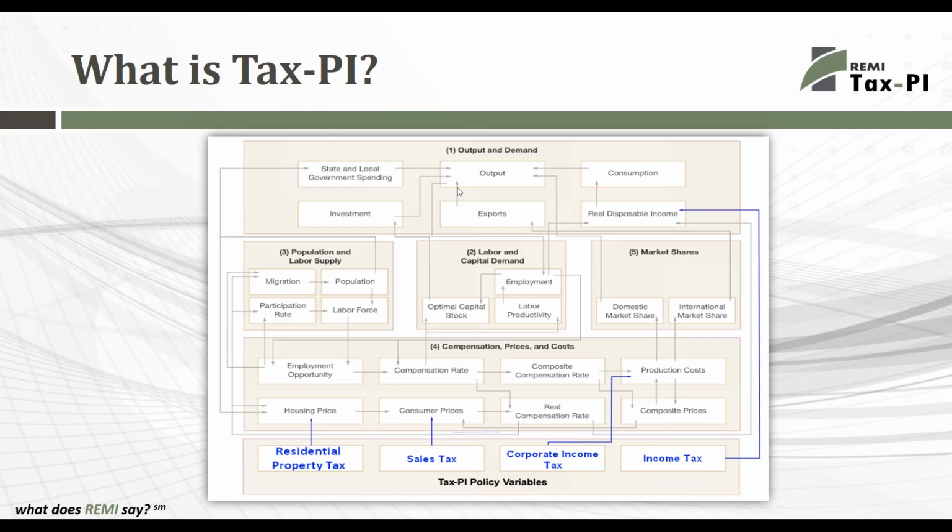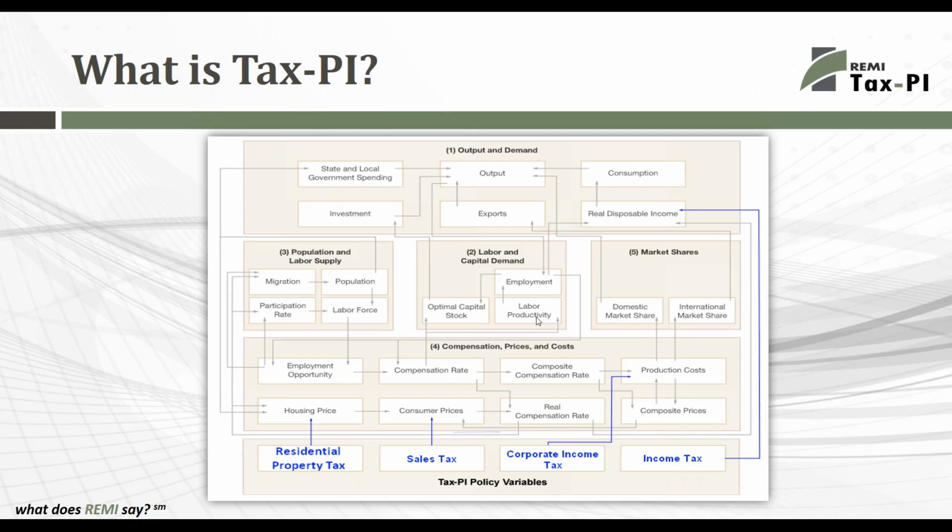And we have the second block: labor and capital demand, employment and labor productivity, and optimal capital stock. Here, optimal capital stock is some required level of stock for the specific region.